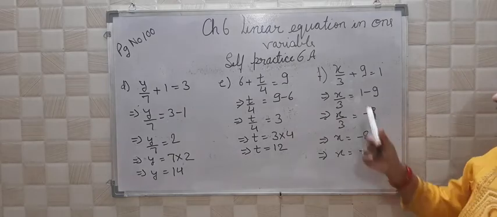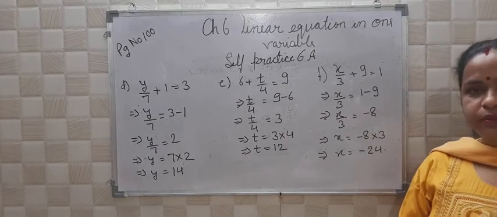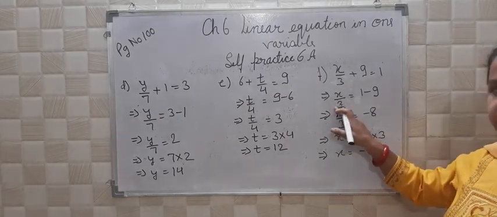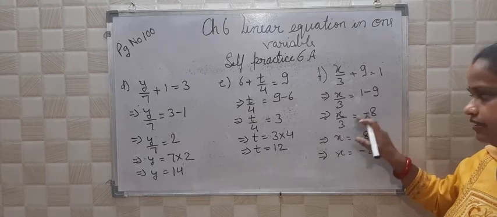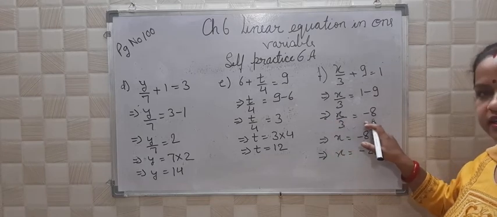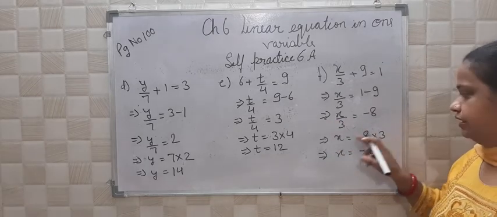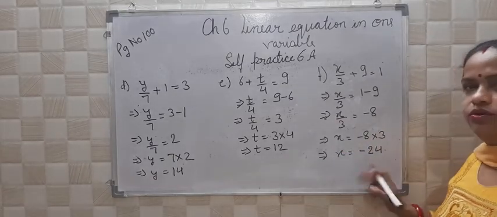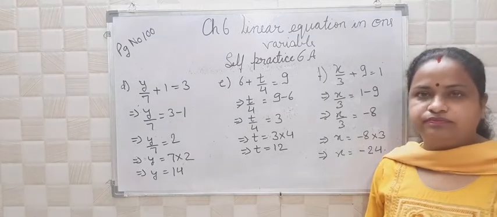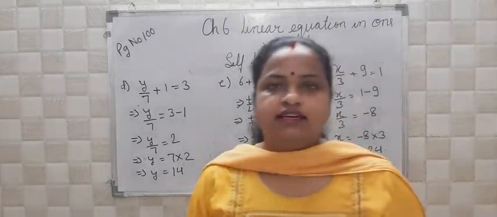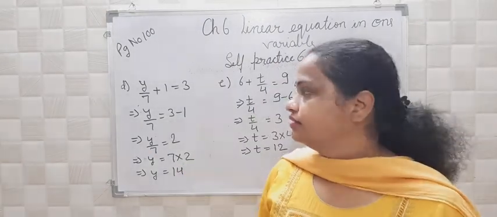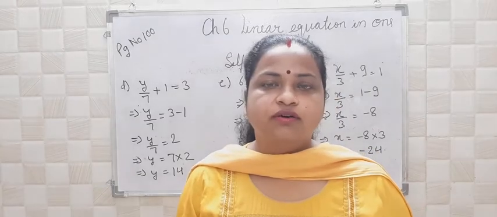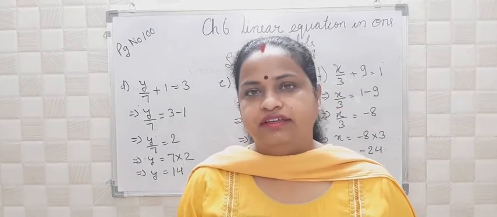Here what is there? x by 3 plus 9 equal to 1. So x by 3 is equal to 1 minus 9, and x is equal to minus 8 into 3, and x will be, 8 threes are 24. So x is equal to minus 24. Okay. Is it clear to you, this part? This equation 1, or any problem you are having?